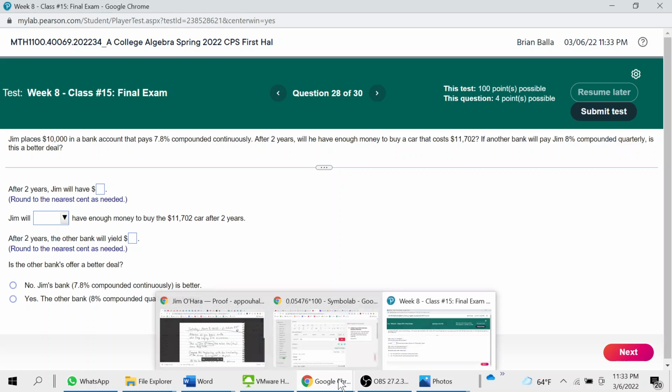Now Jim places 10,000 in a bank account that pays 7% compounded continuously. In 2 years he wants to have enough money to buy a car that costs 11,702. Is paying quarterly a better deal? No. The quarterly is not a better deal because continuous is always more money in the long run.